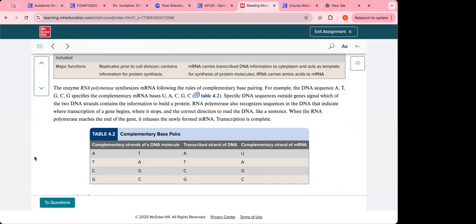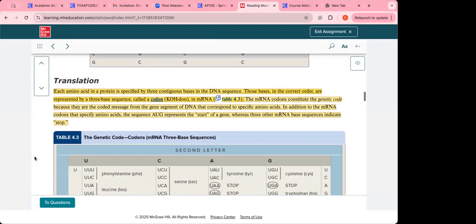Keep going. Each amino acid is specified by a codon. The mRNA constitutes the genetic code. In addition to mRNA... okay, so hold on, let me do.